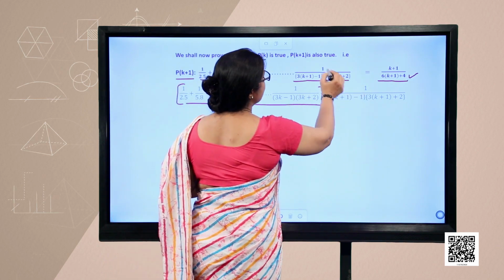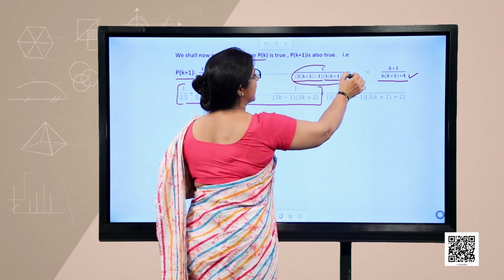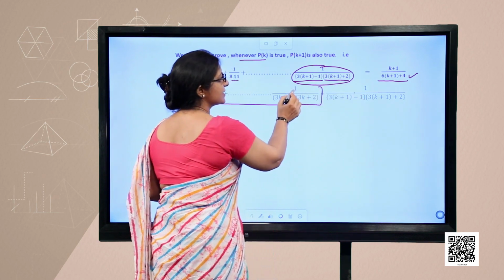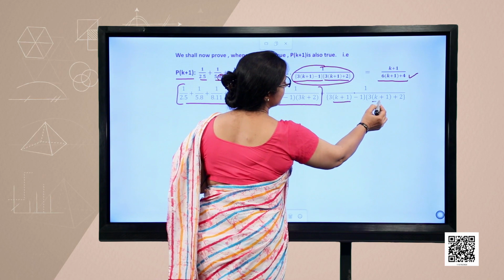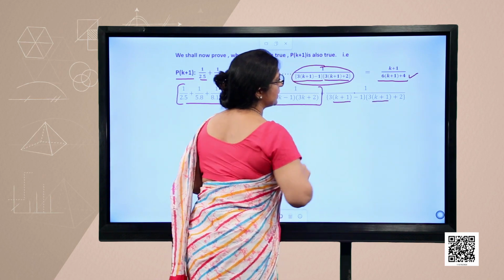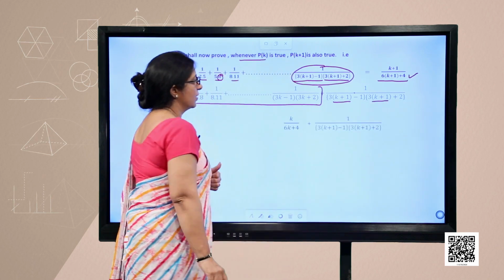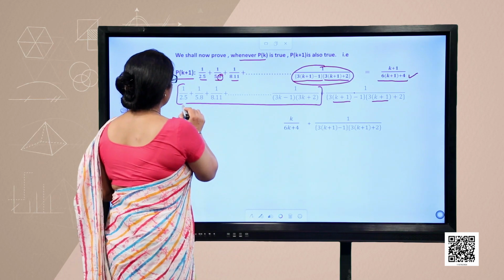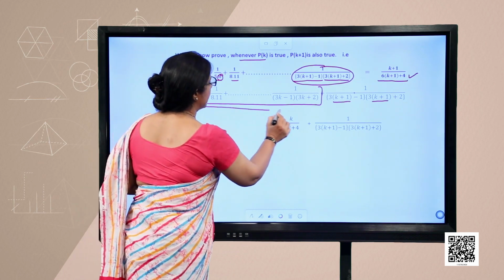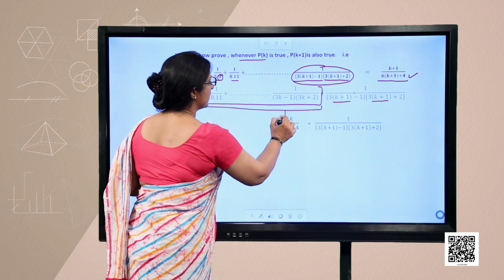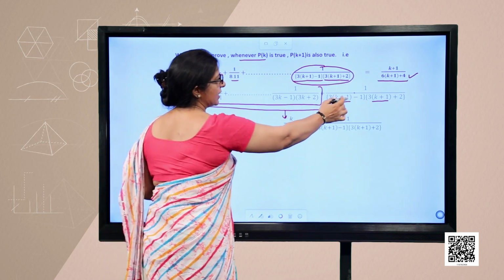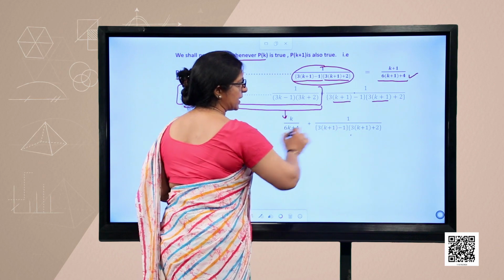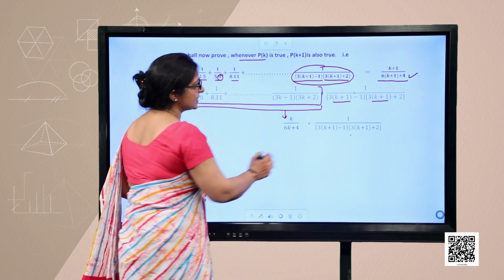Now this is the kth term, (k+1)th term, and this is the kth term, (k+1)th term, because wherever there was k we have put k+1. As I told you, we will replace this entire expression by k upon 6k+4, and again this is the (k+1)th term as it is.